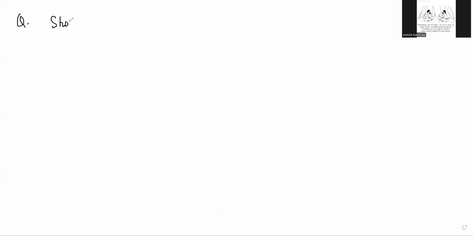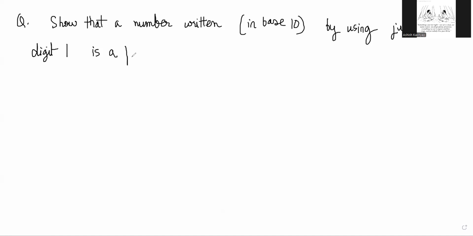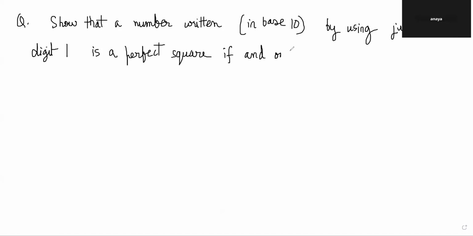Show that a number written in base 10 using just the digit 1 is a perfect square if and only if it only has one digit.